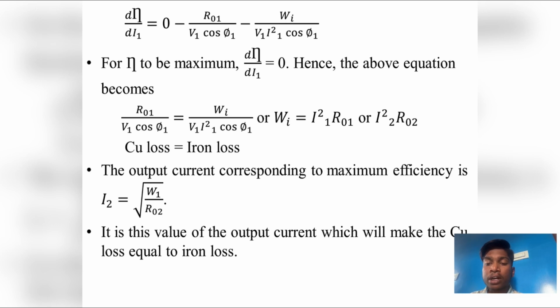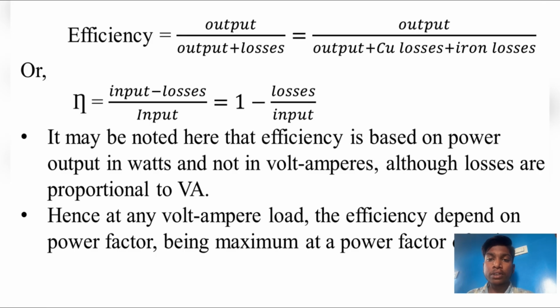The output current corresponding to maximum efficiency is I2 equals square root of WI by R02. It is the value of the output current which will make the copper loss equal to the iron losses. We can say efficiency equals output by output plus losses, equals output by output plus copper loss plus iron losses, or efficiency equals input minus losses by input, equals 1 minus losses by input.